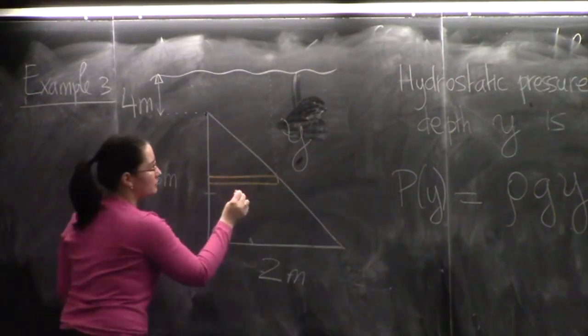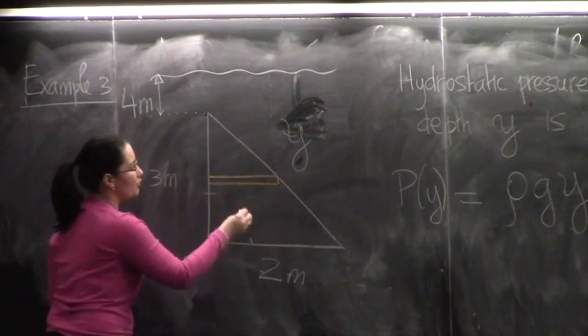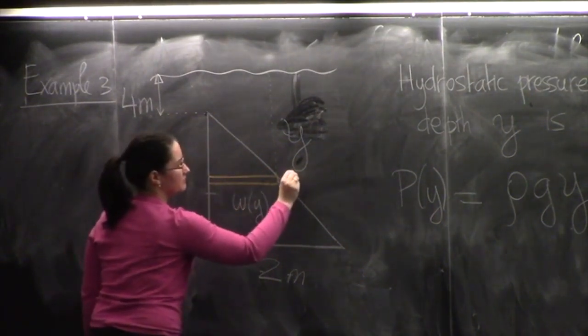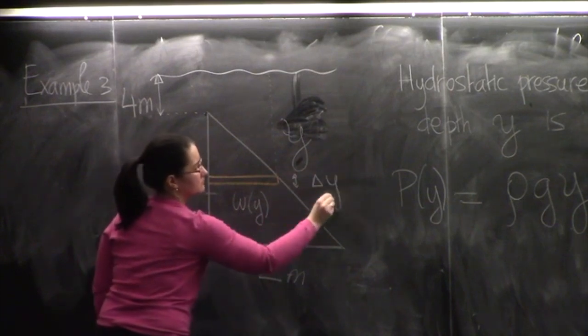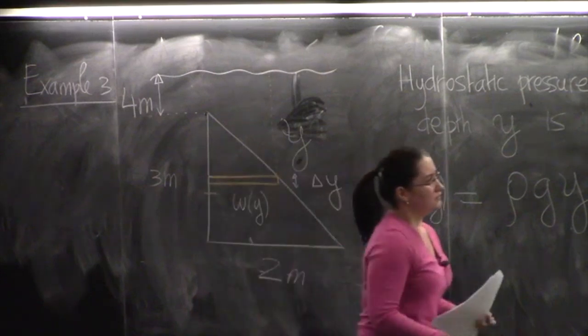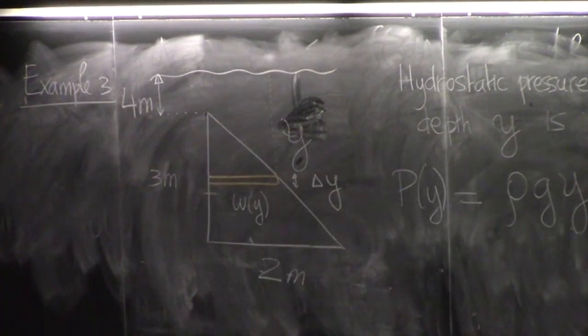And at level y, you have a thin strip of width w of y and height delta y. And let's try to estimate the total hydrostatic force acting on the strip.